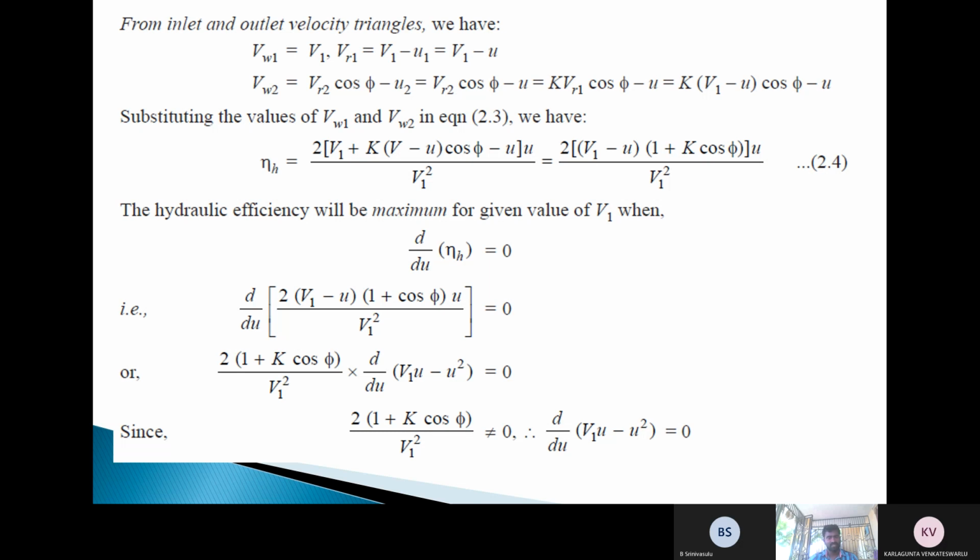Next, the hydraulic efficiency will be maximum for a given value of V1. Therefore, d by dU of the hydraulic efficiency equal to 0, which gives V1 U minus U square equal to 0 in the derivative.